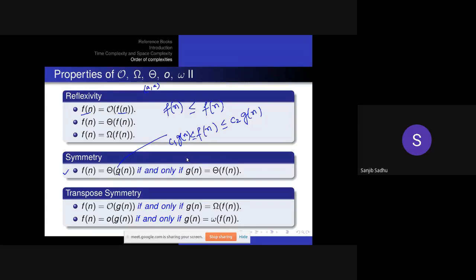So here you see I can write from this that gn is less than or equal to 1 upon c1, that is another constant, and this is greater than or equal to 1 upon c2. Sorry, this should be fn.